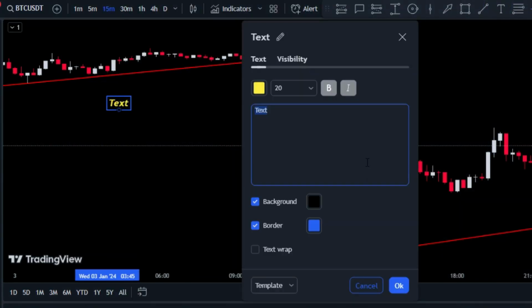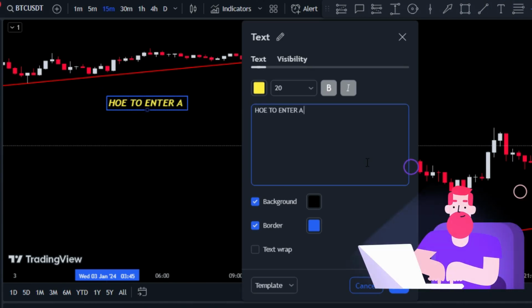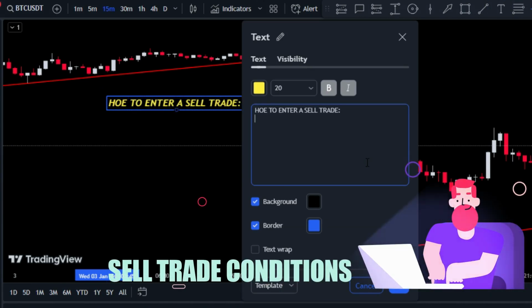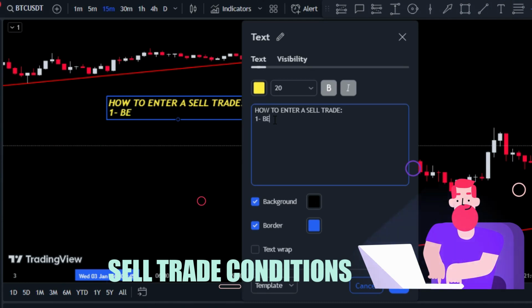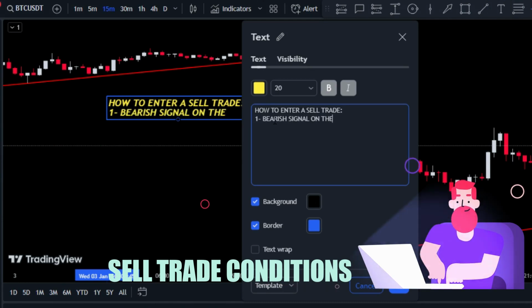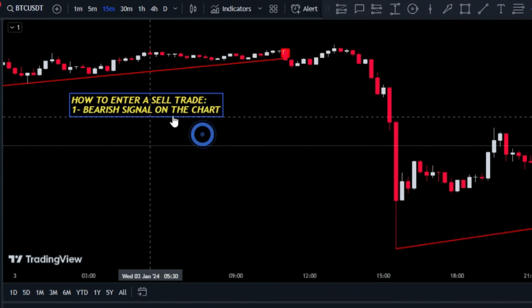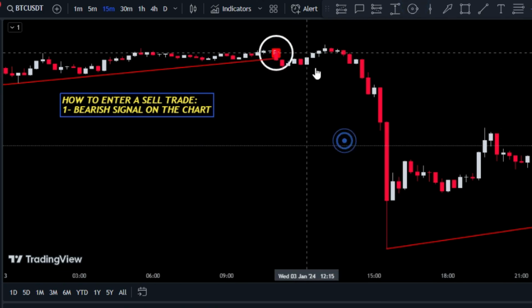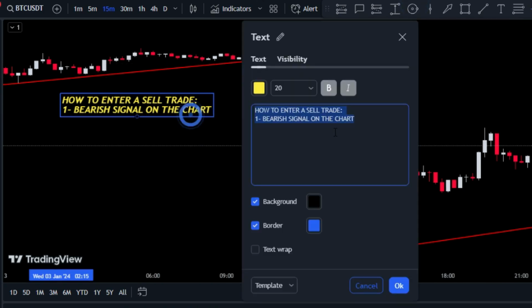Now, let's talk about trading rules for a short position. To get started, we'll be on the lookout for a bearish breakout signal. Then, we want to check the CM-MACD indicator to make sure it's red and below the 50 level.